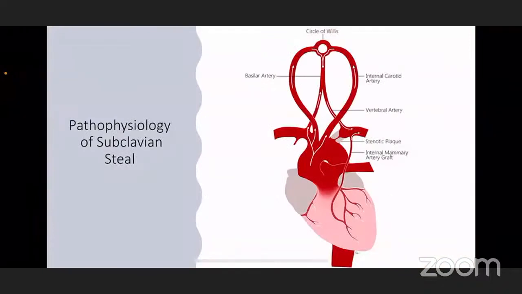Jumana, your voice is out. We cannot hear you. We can see your slide, but I cannot hear any voice.